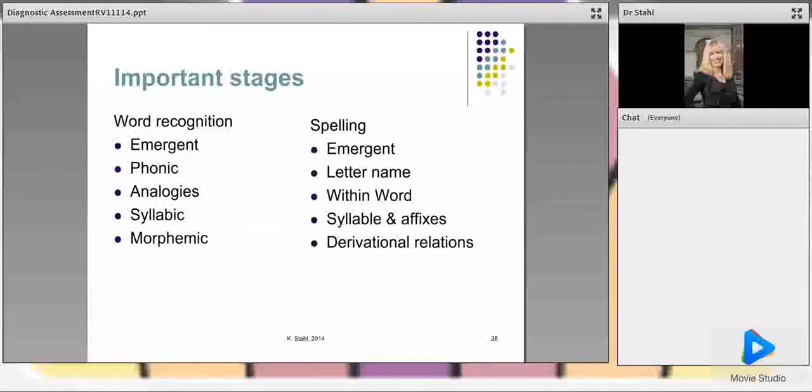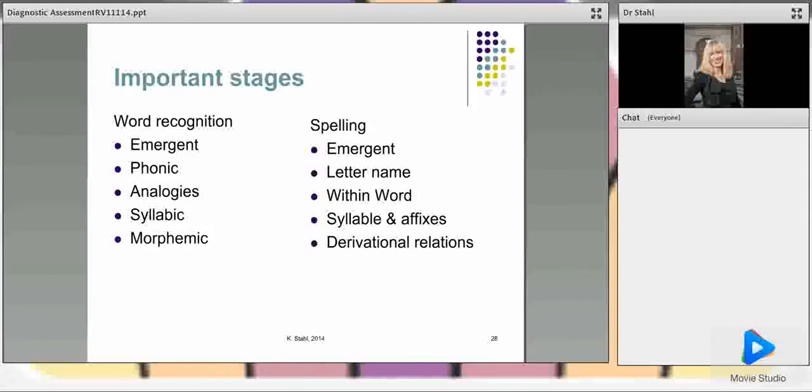You really want to make sure that you know that in word recognition, the stages that children go through in a very predictable, sequential manner, but at different rates, are these stages: emergent, where they're identifying things logographically; phonic, which would be letter by letter; more sophisticated and more accurate is using analogies; more sophisticated and fluent would be syllabic; and then the most sophisticated with integrating meaning would be a morphemic analysis.